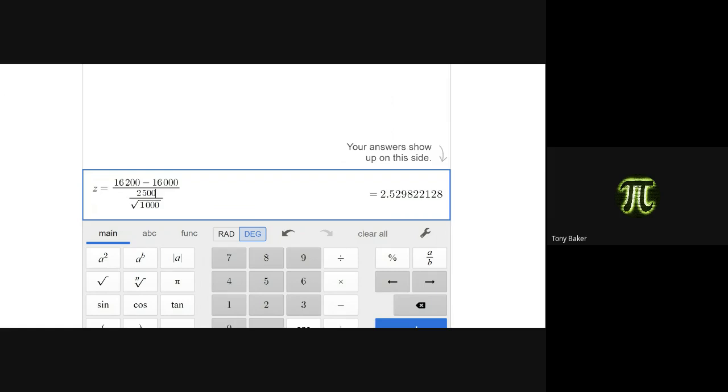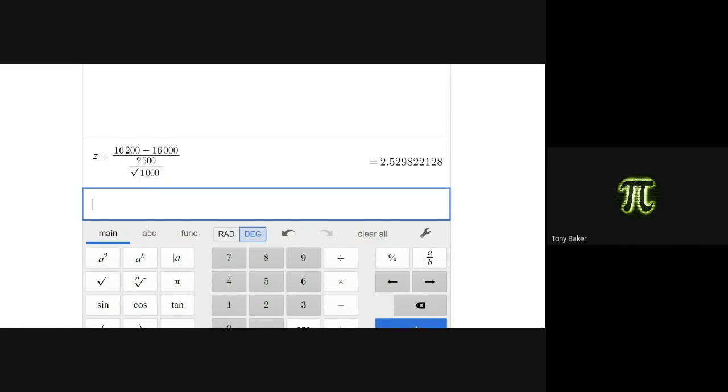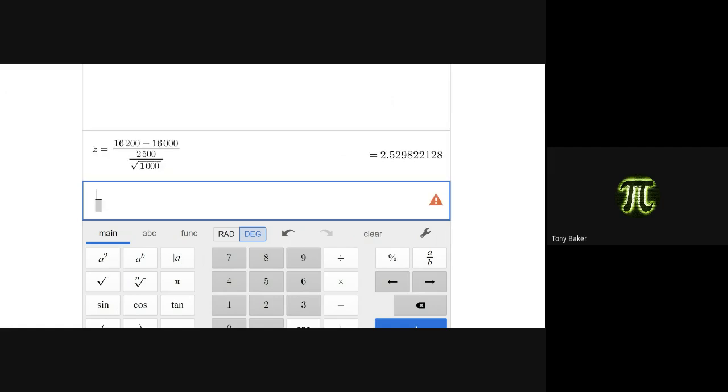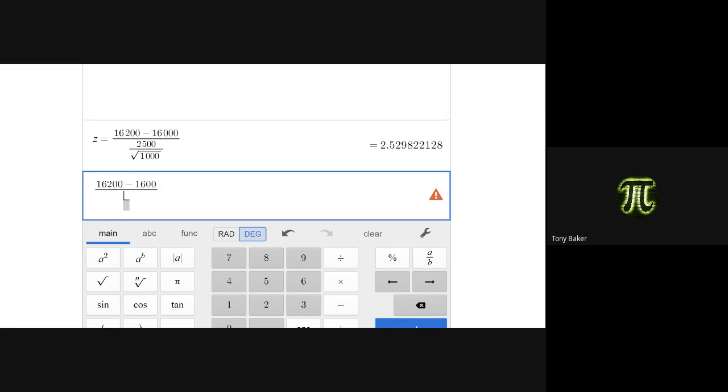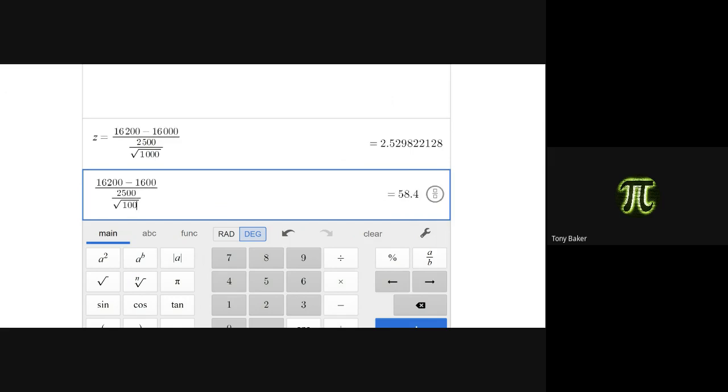How do I get it to go over the 16,200? So here's how I typed it in. I hit the division first in Desmos. And then when I go down to the bottom, I hit the division again first. Otherwise, you have to highlight and then do it. It's a pain in the butt.